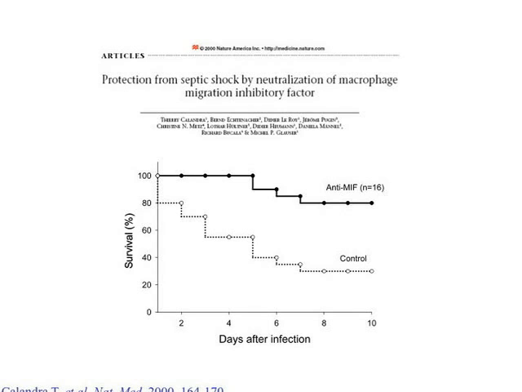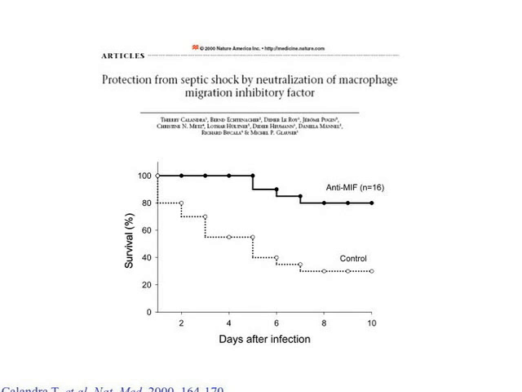This led the same group to ask the question: if MIF is elevated, is it involved in the pathogenesis of sepsis? This can be addressed easily by neutralizing MIF in an animal model of sepsis, and this is what was done. I'm not going to elaborate on the model of sepsis; it's CLP, like everyone else here.